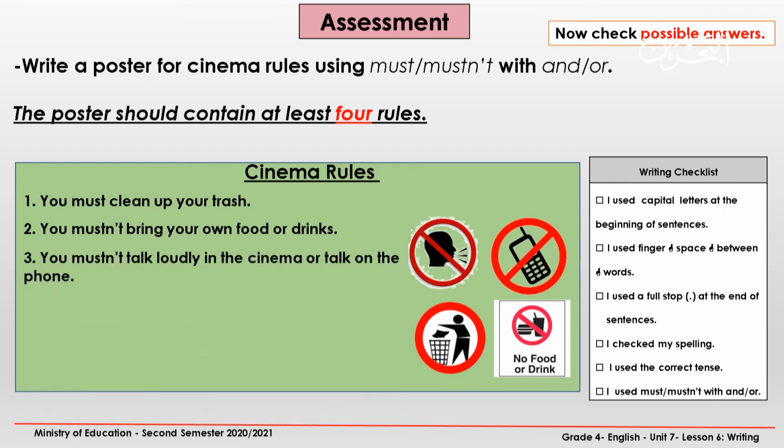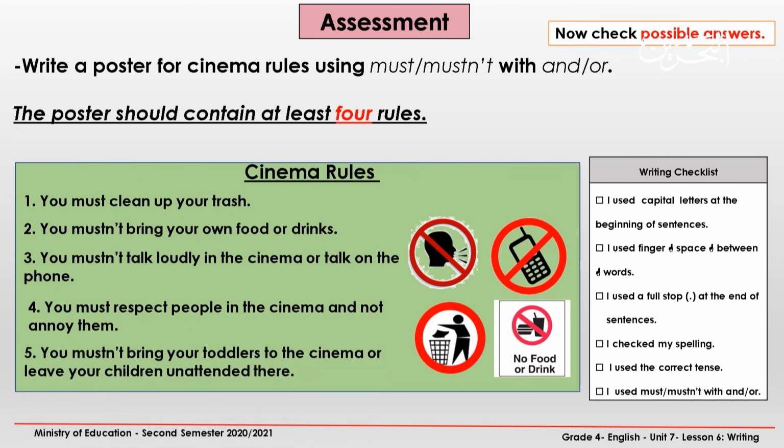You mustn't talk loudly in the cinema or talk on the phone. Number 4. You must respect people in the cinema and not annoy them. And number 5. You mustn't bring your toddlers to the cinema or leave your children unattended there.